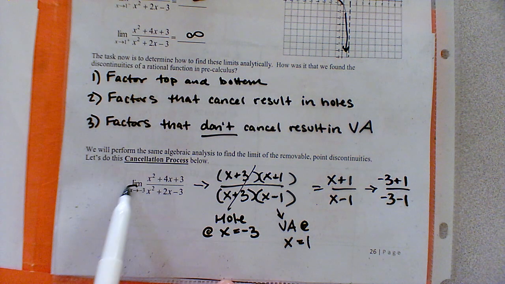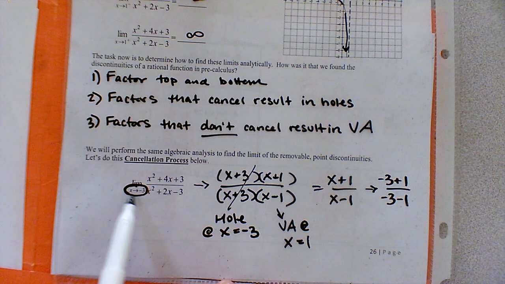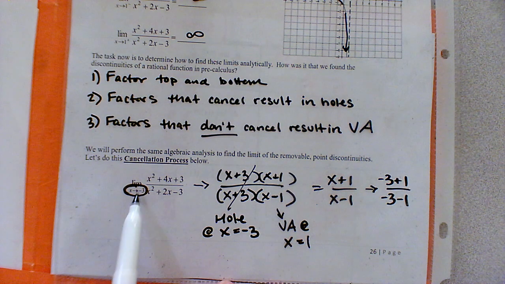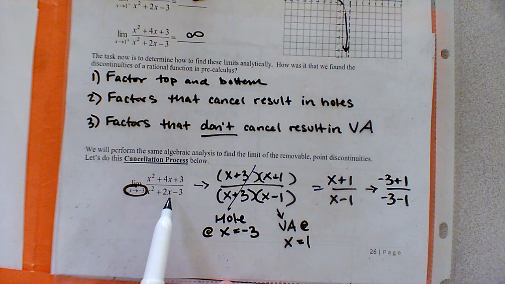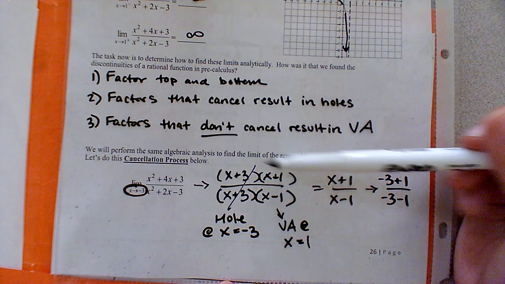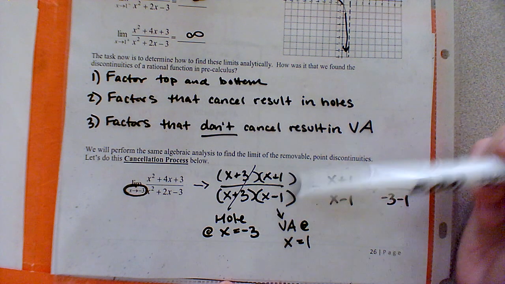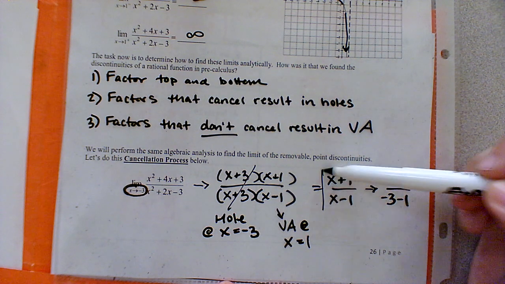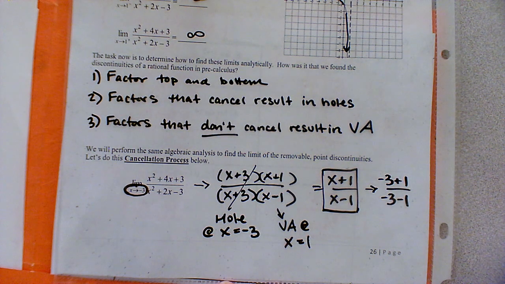Remember that -3 was the x value that we were approaching anyway. So even though -3 might not work initially because we got 0 over 0 like we did at the very top, notice how we can rewrite the equation by factoring, and we can simplify the way that fraction looks. So if -3 doesn't work initially, let's rewrite it so that it eventually does.